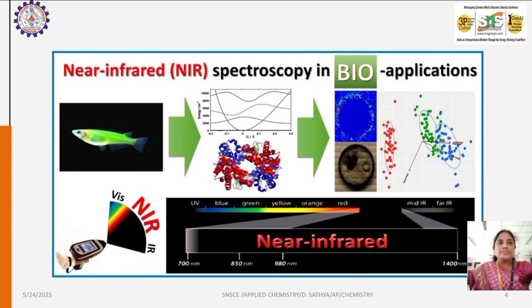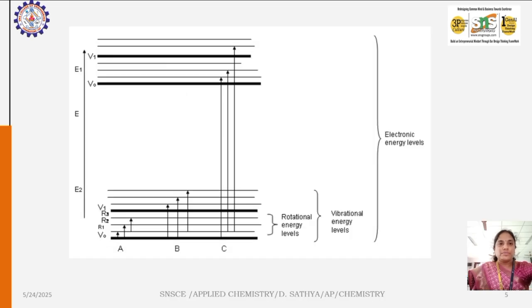Near IR spectroscopy has a lot of bio applications. Near IR spectroscopy is also one type of IR spectroscopy. This is the electronic transition of IR spectroscopy. Here the rotational and vibrational energy levels will go into the higher energy level. In IR spectroscopy, the molecules are always vibrating.